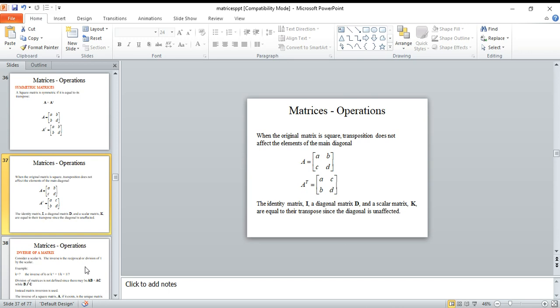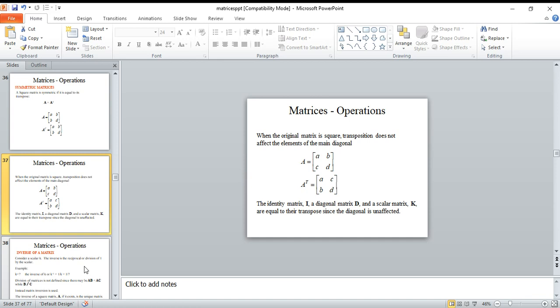When the original matrix is square, transposition does not affect the elements of the main diagonal. If we apply transpose, the diagonal elements do not change in a square matrix. The identity matrix I, diagonal matrix D, and scalar matrix K are equal to their transpose since the diagonal is unaffected.